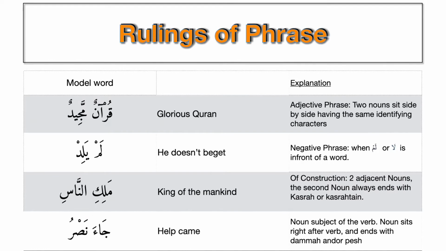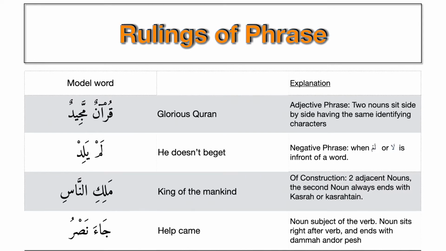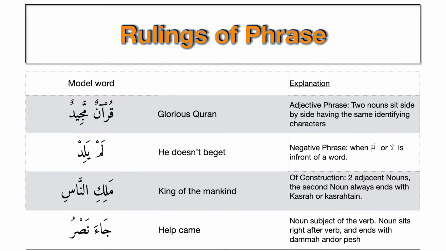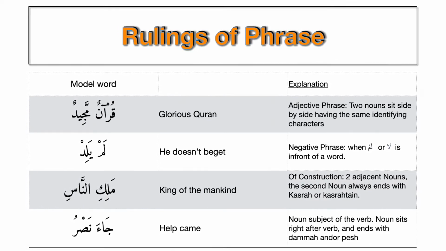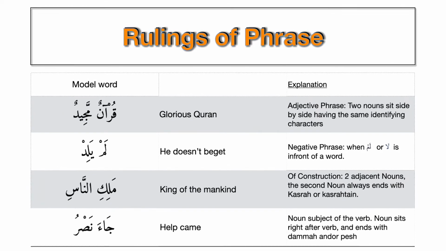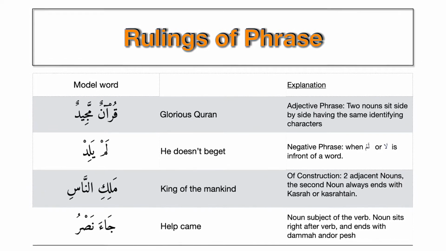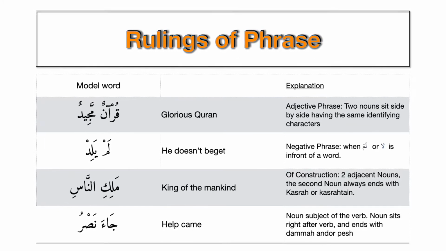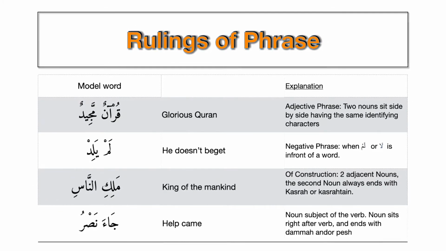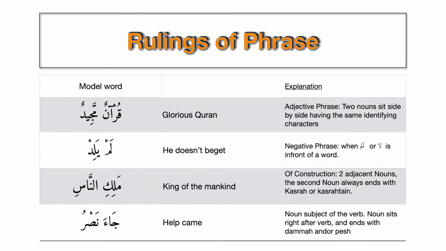Let's revisit all the rulings of the phrase that we learned so far. Qur'anun Majid, glorious Qur'an. Adjective phrase. Two nouns sit side by side having the same identifying characters. Lam yalid, he doesn't beget. Negative phrase. When lem or la is in front of a word.